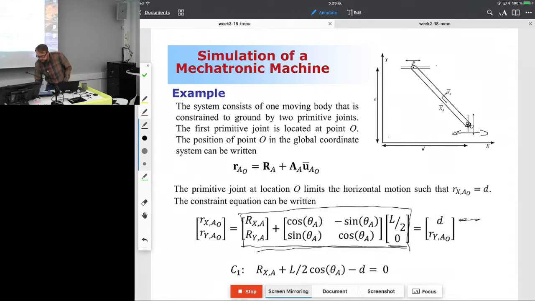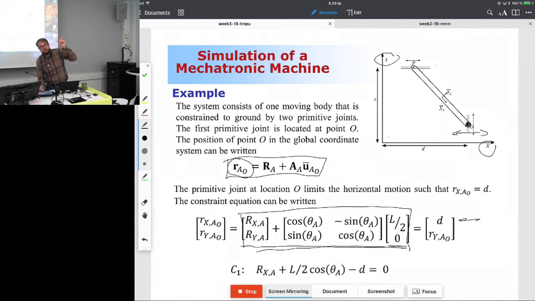So I wanted to express the position of this point using the equation that I'm very much familiar with. This consists of two components, with respect to global x and global y directions.